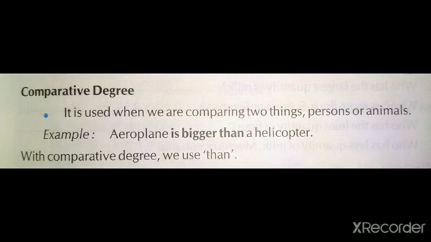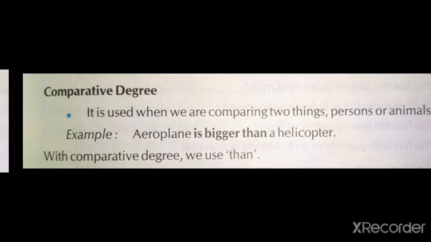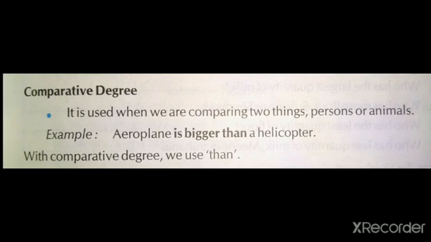Then comparative degree. It is used when we are comparing two things, persons or animals. Example, an aeroplane is bigger than a helicopter. Here we add er to the adjective and after that than. With comparative degree, we always use than.